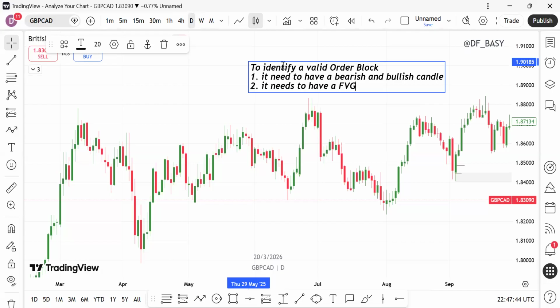You call it FVG or imbalance or inefficiency, or whatever you want to call it. All those are just names, but popularly known for the SMC is FVG. Then after having that, it needs to be unmitigated. Then number four, it needs to break structure.